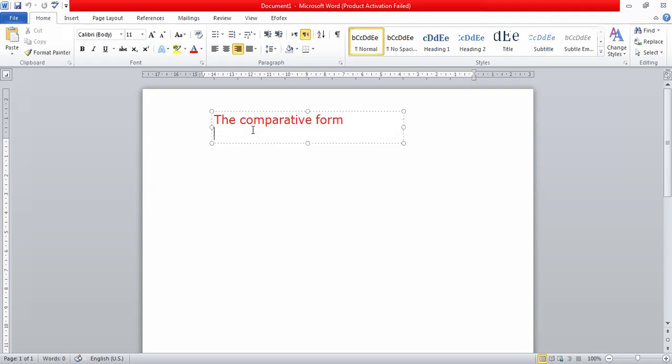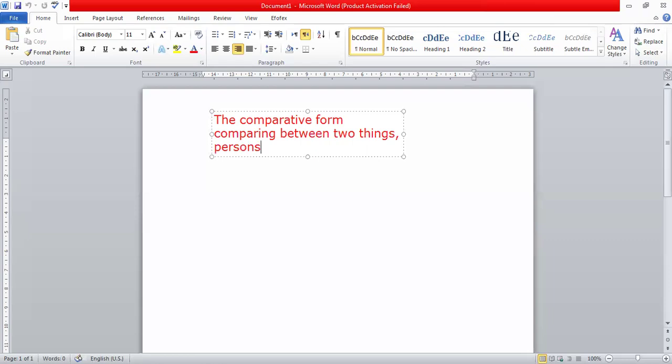Comparative form means comparing between what? Comparing between two things or two persons, not more than two. Okay, not more than two.